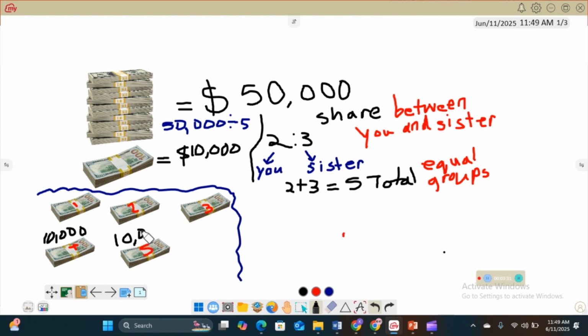So if you have 5 groups valued at $10,000, and you're going to share the money in the ratio 2 to 3, that means you will get 2 out of the 5 equal groups, and your sister will get 3 out of the 5 equal groups.